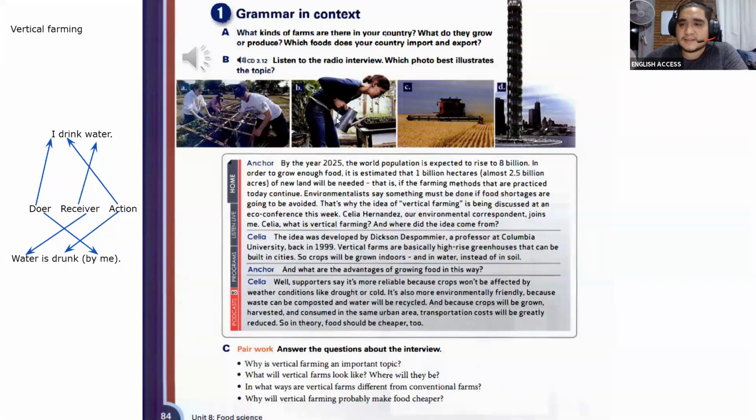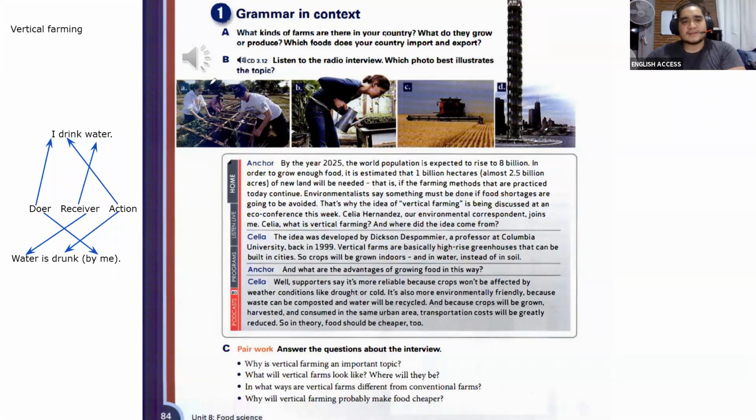interview says. So yeah, now, before we continue with part C, let's identify the sentences that are passive, that are the passive voice, which is why we're here actually.